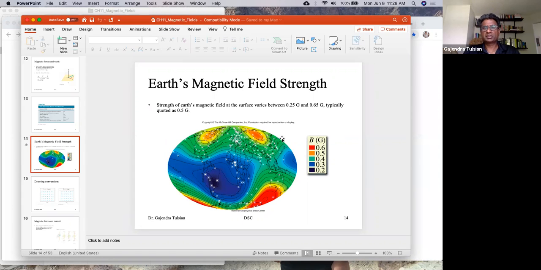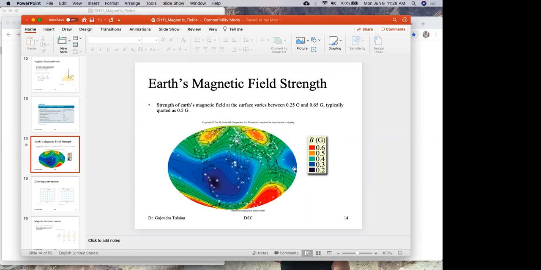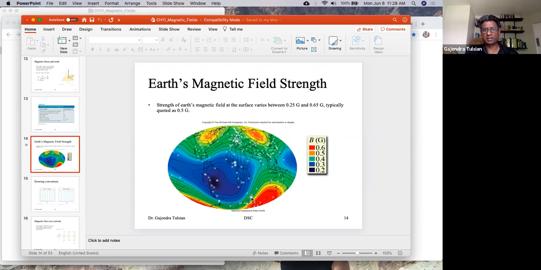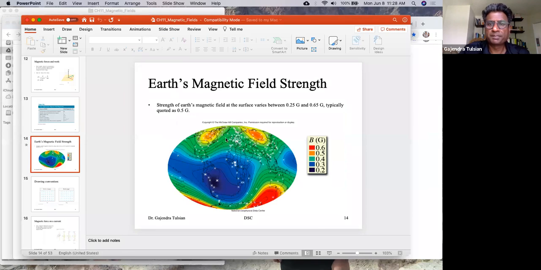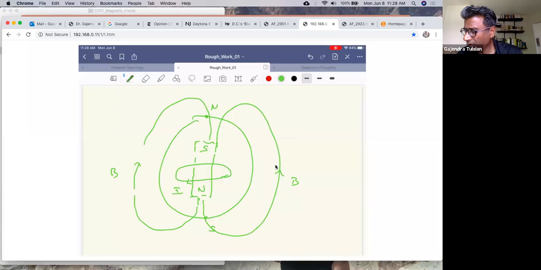Here's a map of the Earth's magnetic field. As you can see, it is not uniform. These are in Gauss. It's strongest near the magnetic poles and weakest elsewhere. The Earth's magnetic field is as if it's that of a bar magnet, and this really is because of an electric current in the liquid outer core.